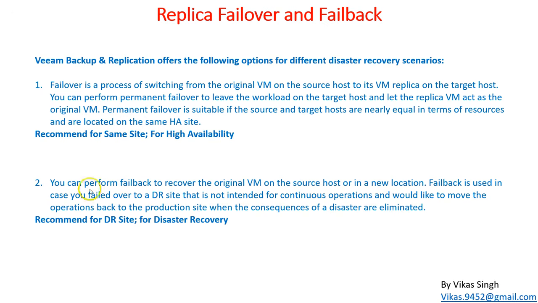And you can perform the failback to recover the original VM on the source host or a new location. Failback is used in cases where you failed over to the DR site and that is not intended for continuous operation, and you would like to move the operations back to the production site when the consequences of the disaster are eliminated.